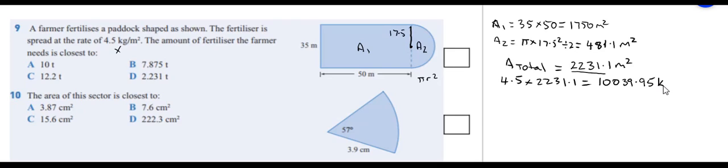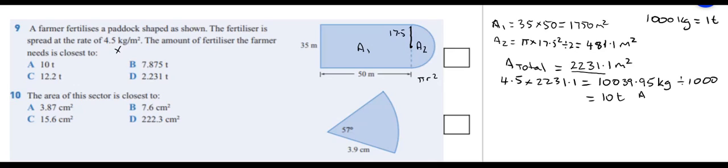But as you can see, the answers in the multiple choice are in tons. Now the conversion is 1,000 kilograms equals 1 ton. So all we need to do is divide this by 1,000, which will move the decimal point 3 places. 1, 2, 3, and it's essentially 10 tons, which is answer A.